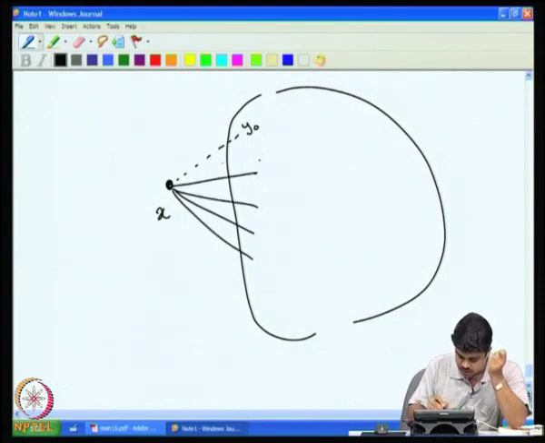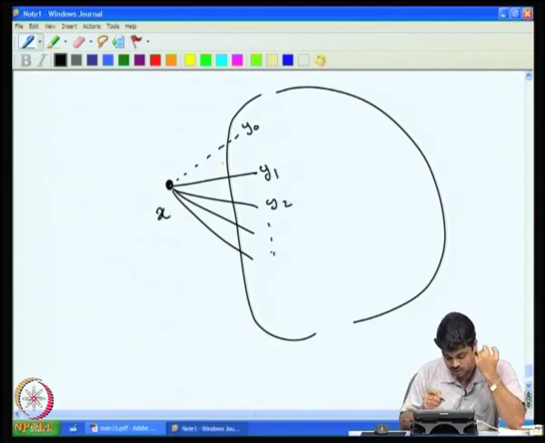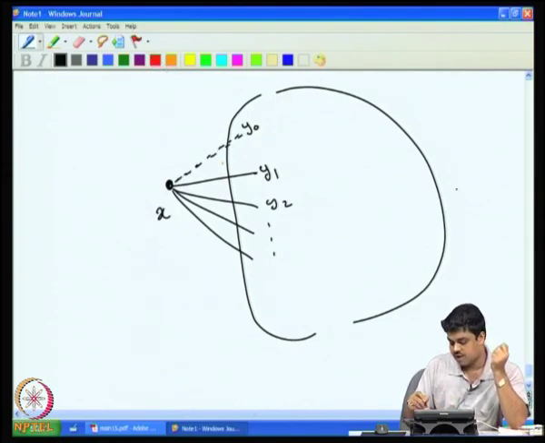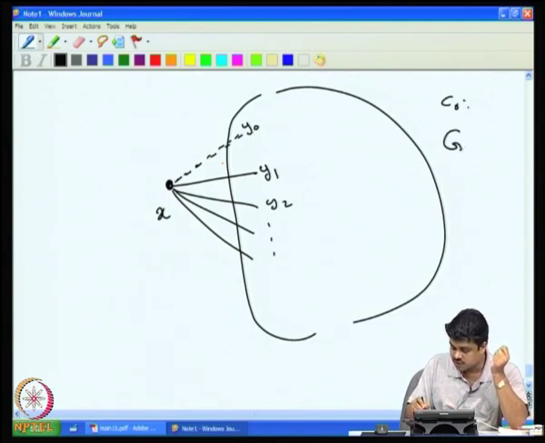These are the other neighbors of it, y1, y2. Here I just decided to remove this edge, so that in the remaining graph we have a coloring. So, this coloring, say C0, is the coloring of this graph, which after removing this edge we can call G0.